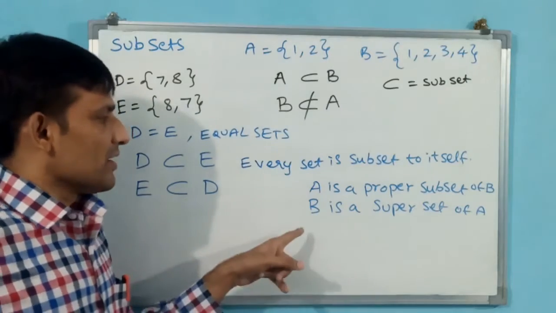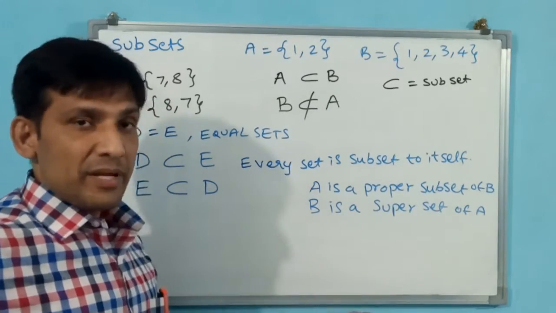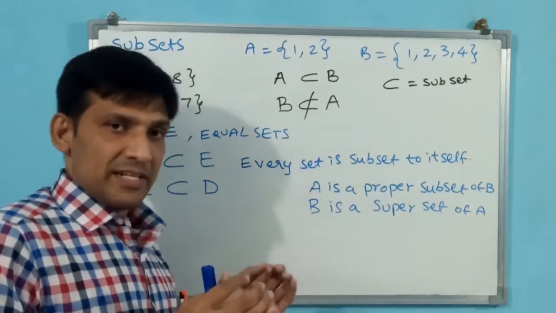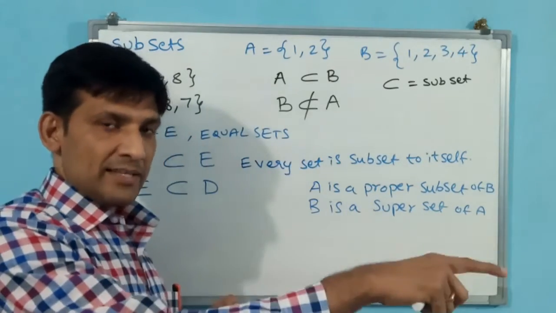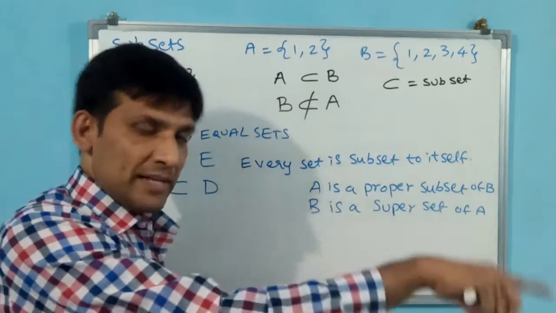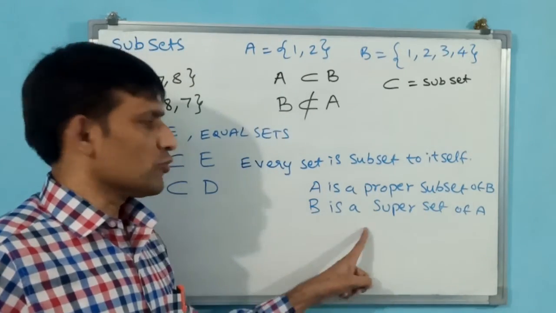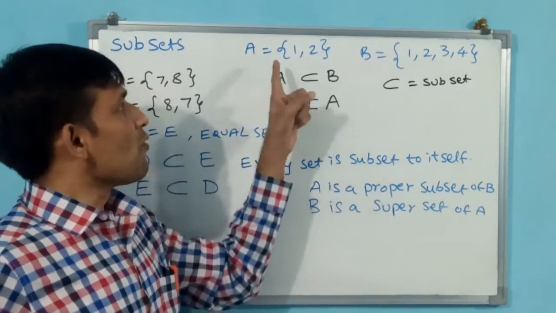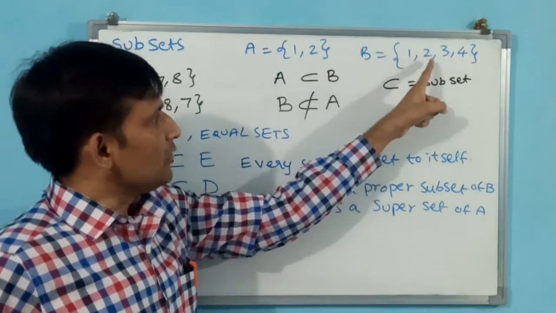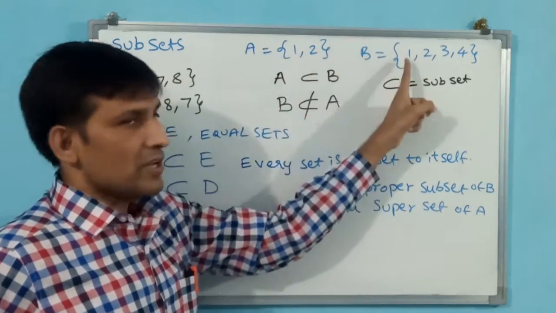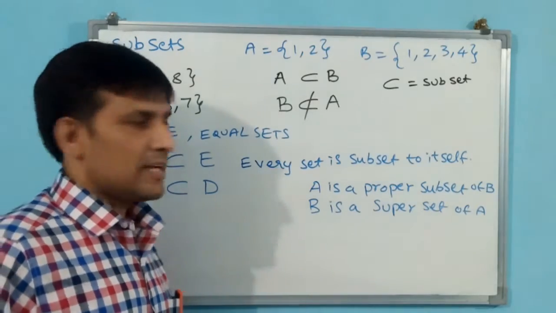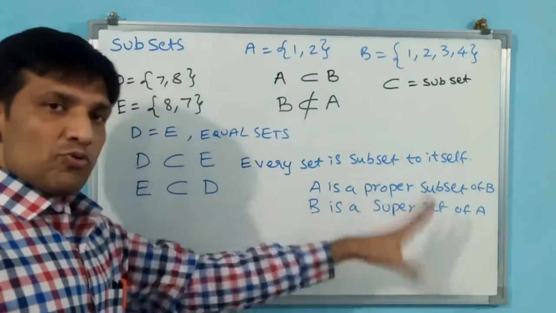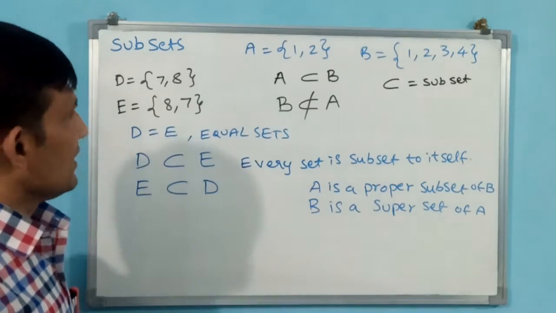Now, superset means when one set, compared to another set, has more elements and also all elements of the other set, that is called a superset. See here, B has more elements than A and also has all elements of A. That is why B is a superset, like substation, superstation. This has become a superset.